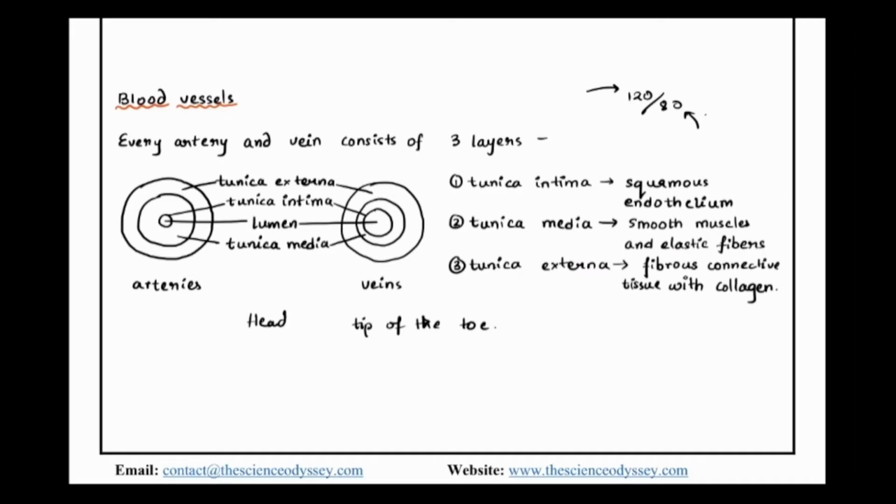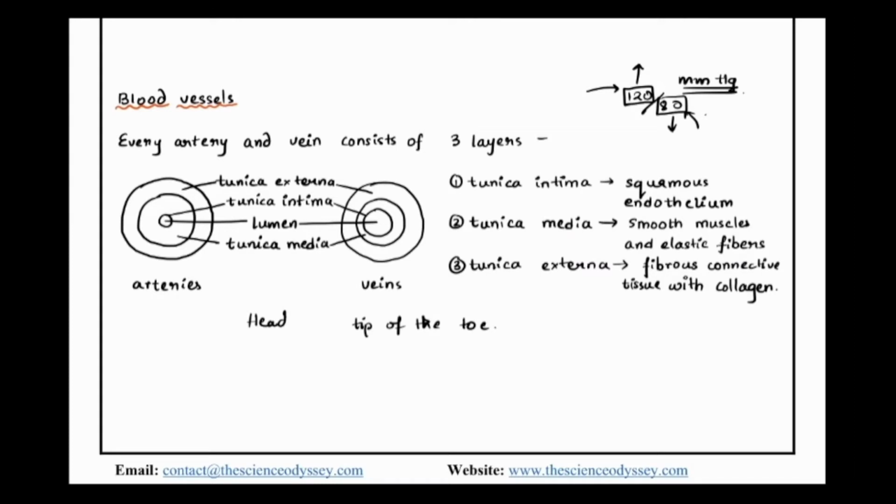By this 120 mm of Hg pressure the blood is moving through the arteries, and the blood is coming back to the heart by veins by this 80 mm of Hg pressure. So the arteries have to encounter this 120 mm of Hg pressure. That is why they need a thick musculature of the tunica media, so that when the blood is flowing, it is not damaging the artery.